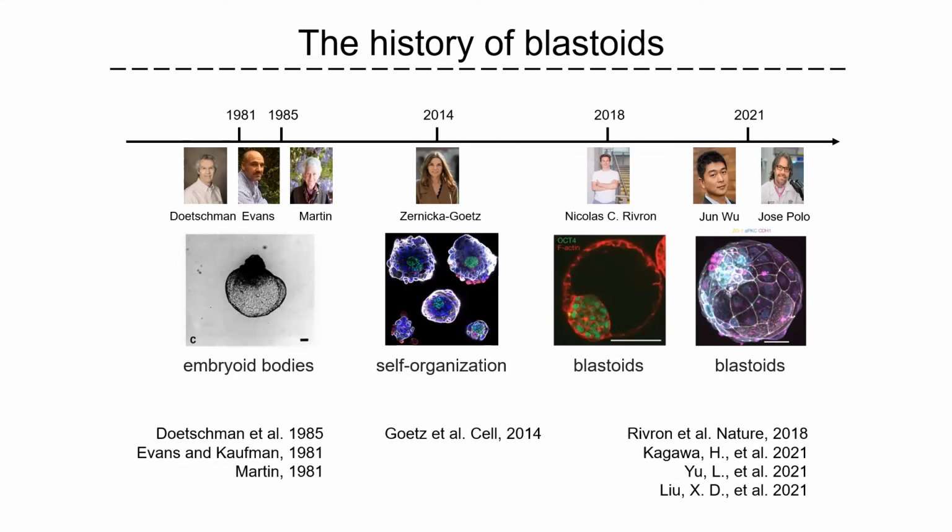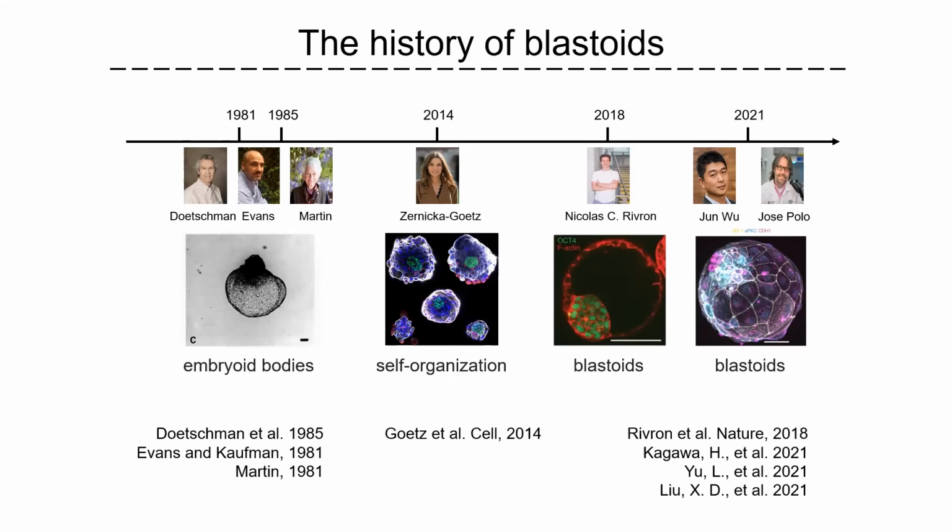They found that mouse pluripotent stem cells can be induced to undergo a similar process of self-organization into rosette structures, following their in vitro culture suspended in extracellular matrix proteins.